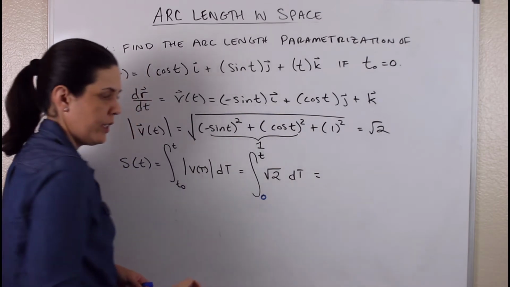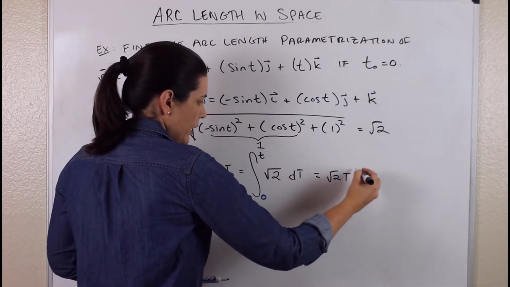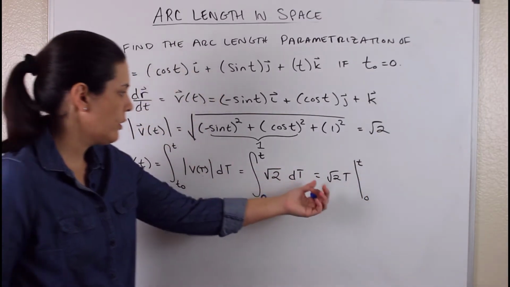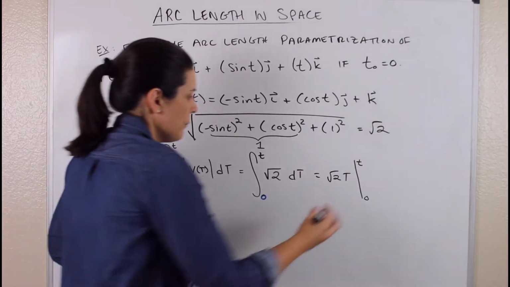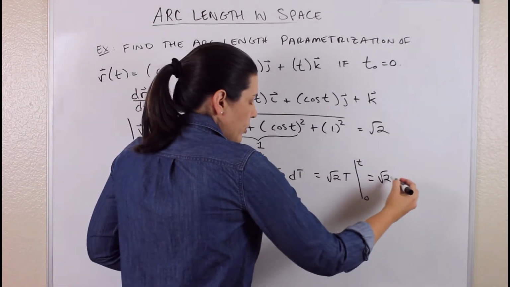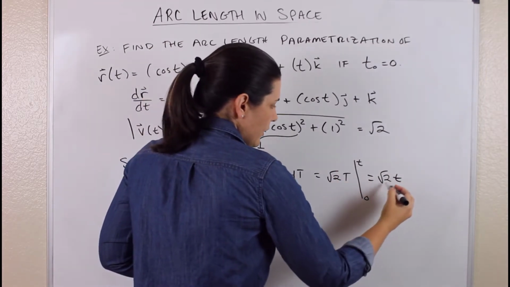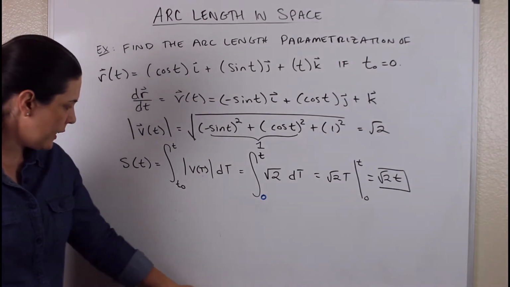Okay, so now if we integrate this, this is going to be square root 2, capital T, evaluated from 0 to little t. So there's the reason why I was using a different t, just because now I'm about to plug in little t. So this is square root 2 times little t, minus 0. So that's what we keep right there. Okay, so what does this say?